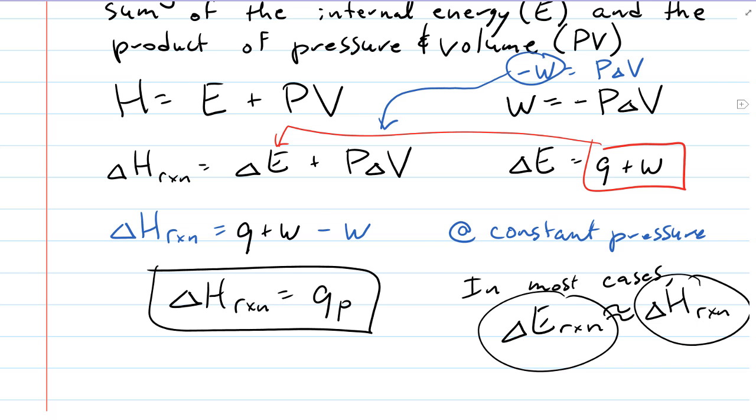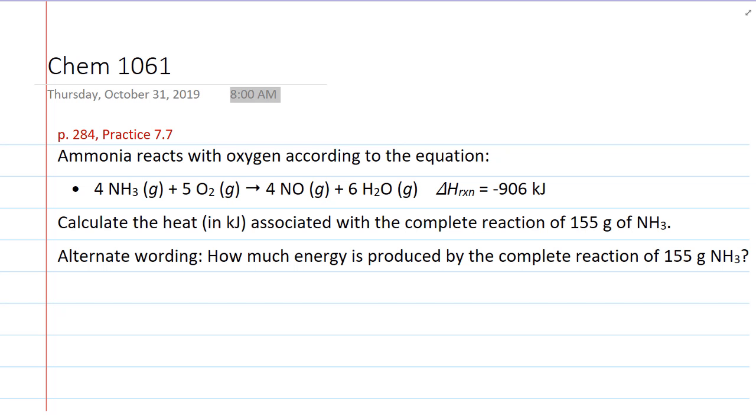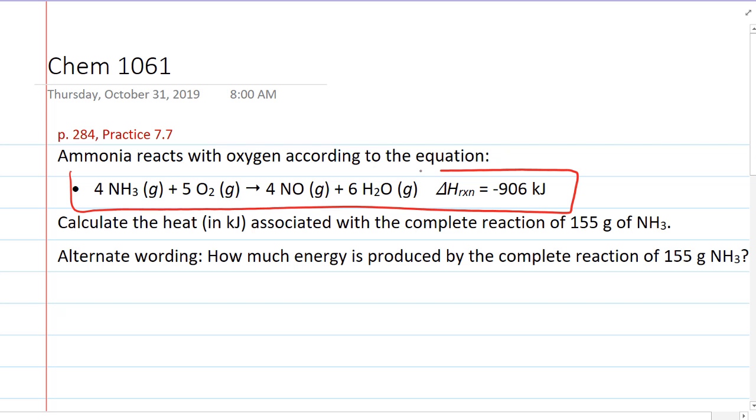So what this leads us to at this point is our ability to look at chemical reactions and talk about the enthalpy change for those reactions. When we write out a chemical equation like this, it is what we call a thermochemical equation.